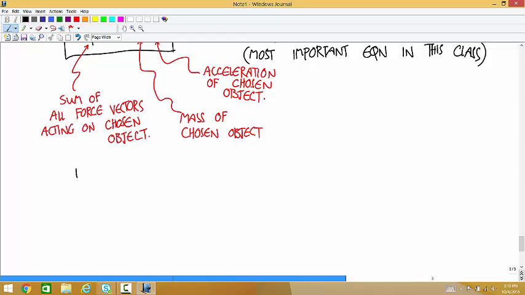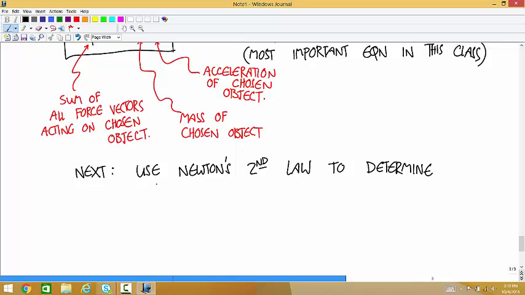The next thing we're going to do is use Newton's second law to determine the force applied to an object by gravity.